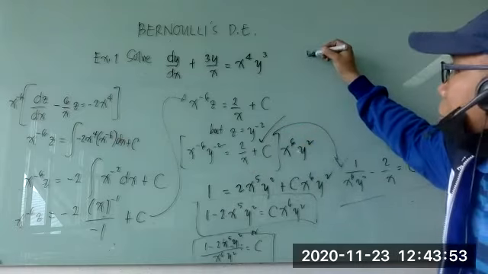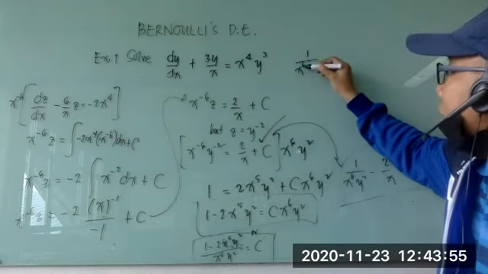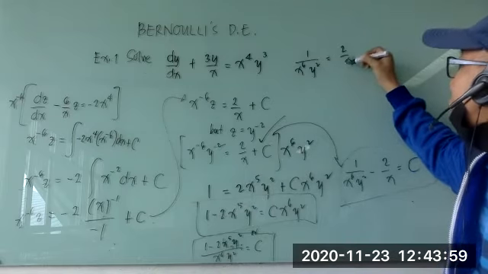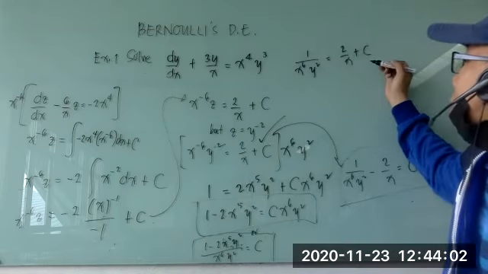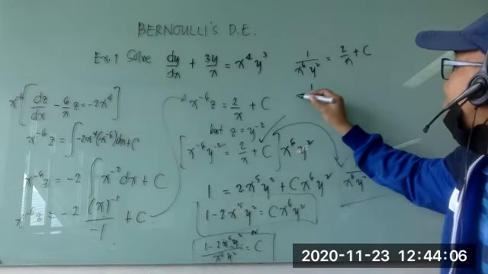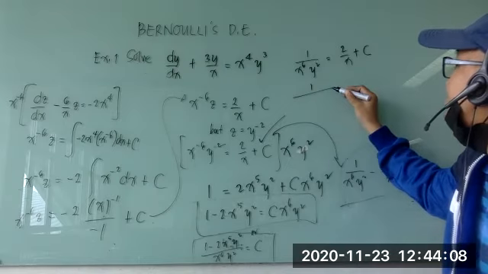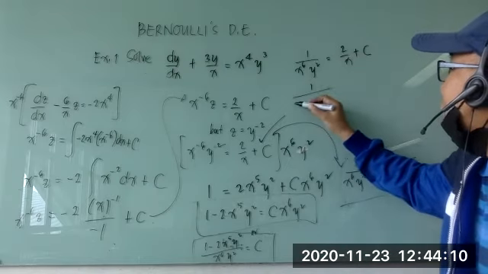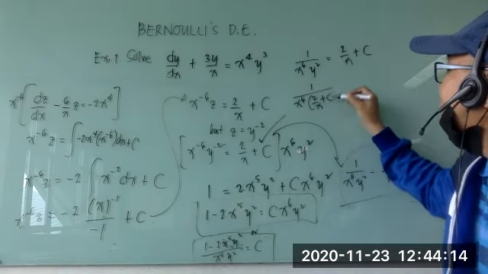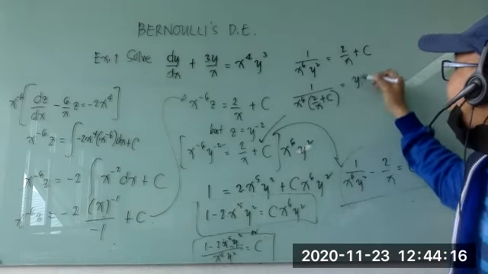So this is 1 over x raised to 6 y squared equals 2 over x plus c. Now you interchange, cross multiply. So you have 1 over x raised to 6, 2 over x plus c equal to y squared.